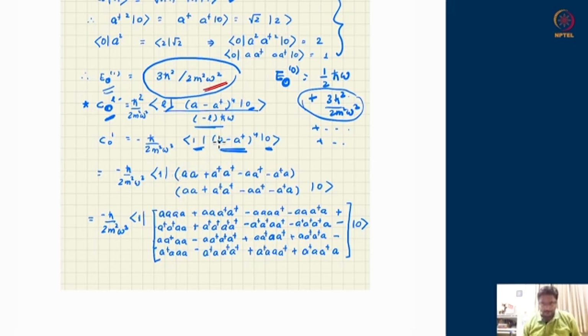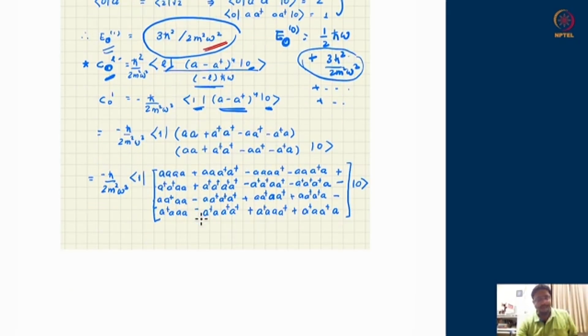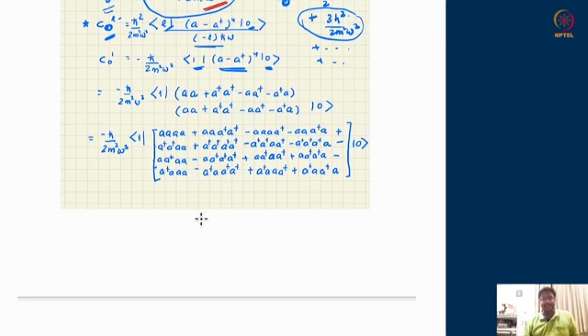You can open up (a minus a dagger) to the power 4. Ultimately, you will get a hell lot of terms. But this computation will be very simple once you have expanded it out. You will realize that none of these terms survive under the squeezing of 0 and 1 from the left and right.